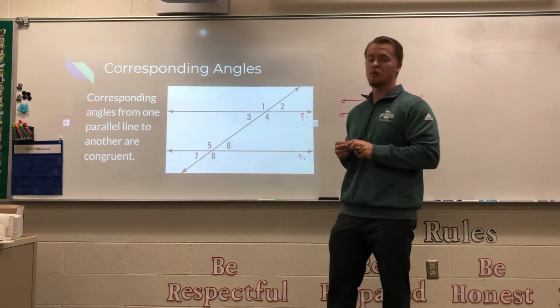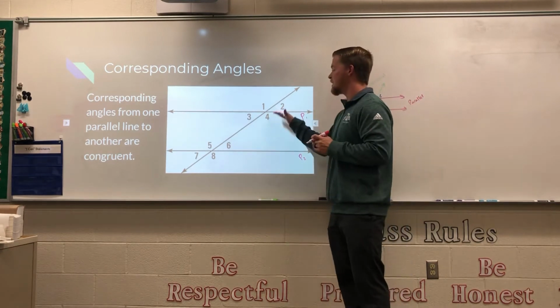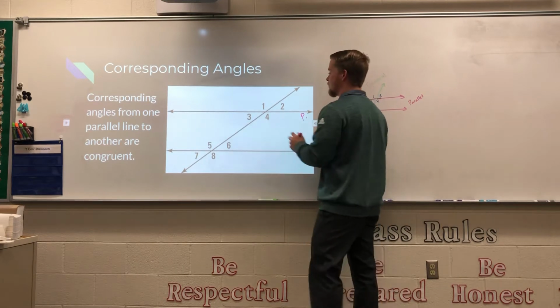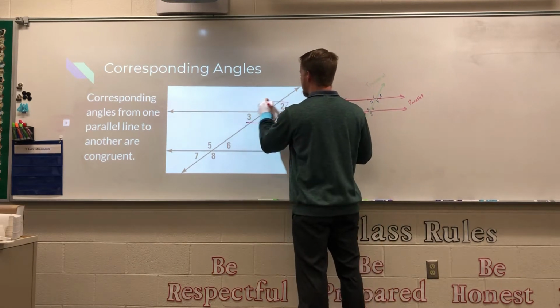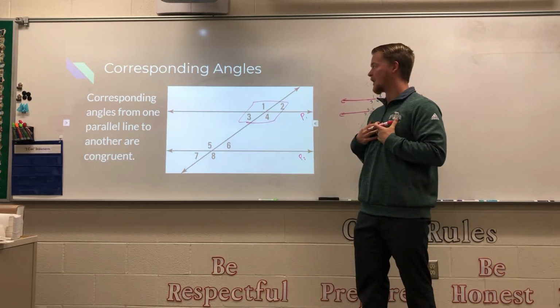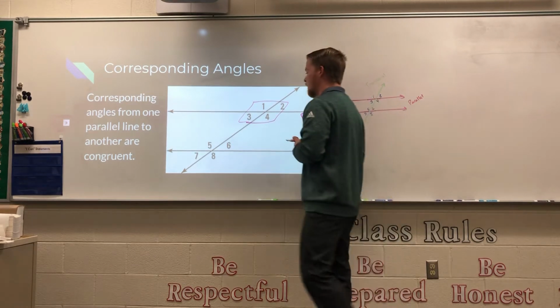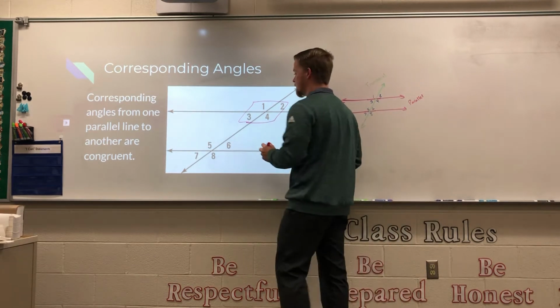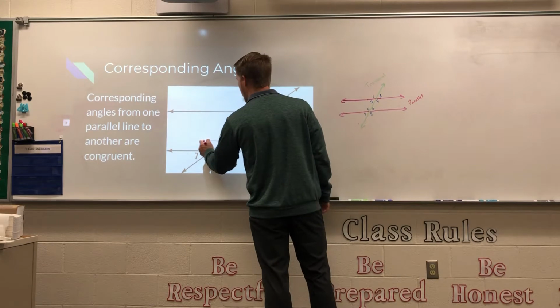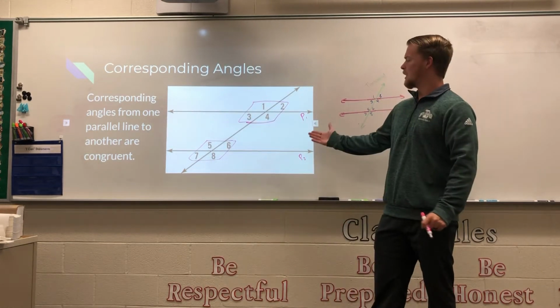The best way to understand which ones are corresponding is first to look at each parallel line and make a box around those 4. This isn't something you have to do. This is just the easiest way that I have found for students to be able to recognize their corresponding angles. So there's the top one, and then we have our bottom 4 as well.